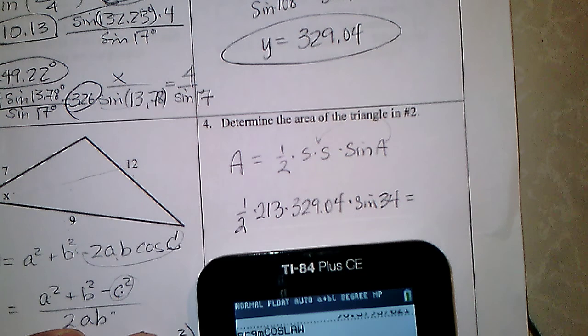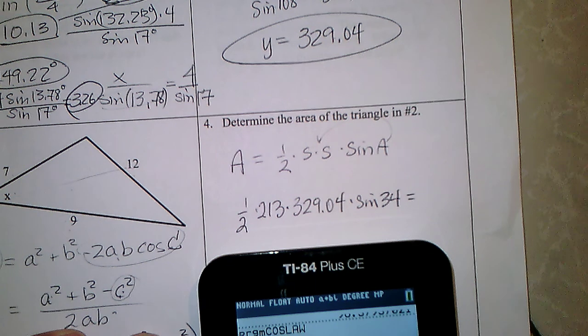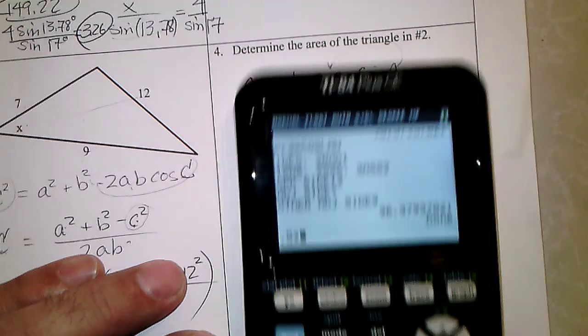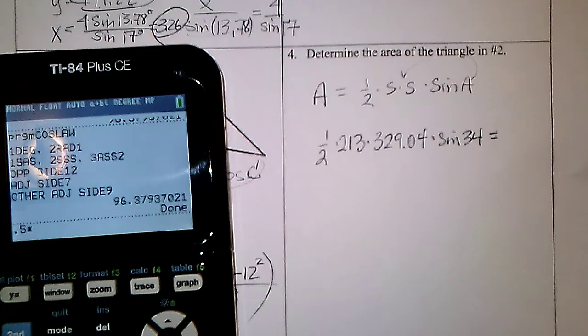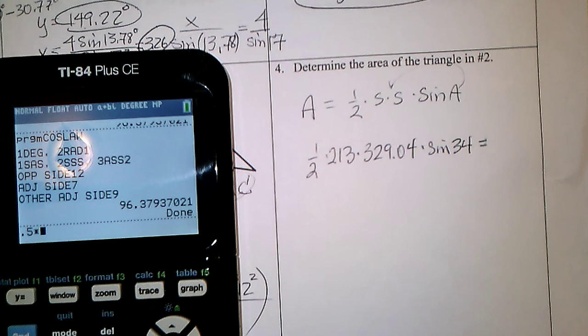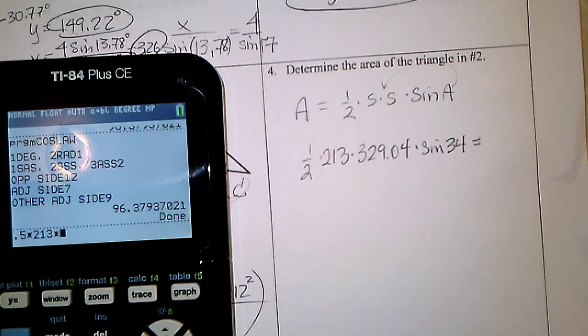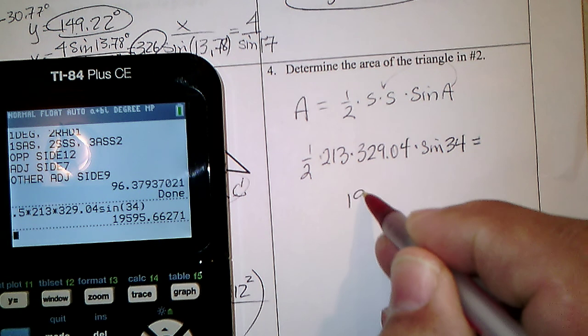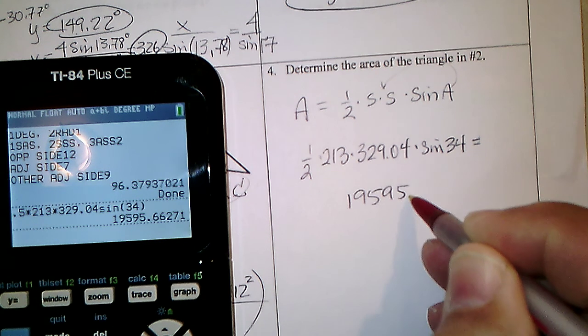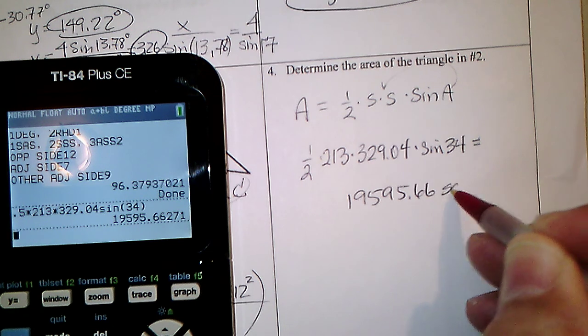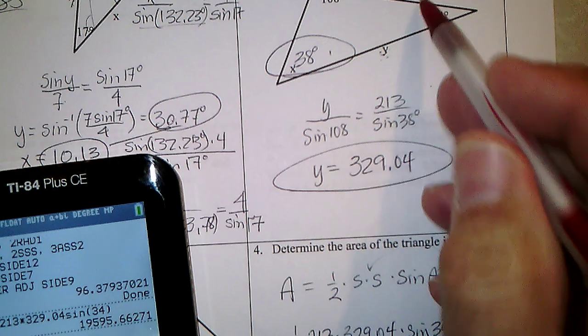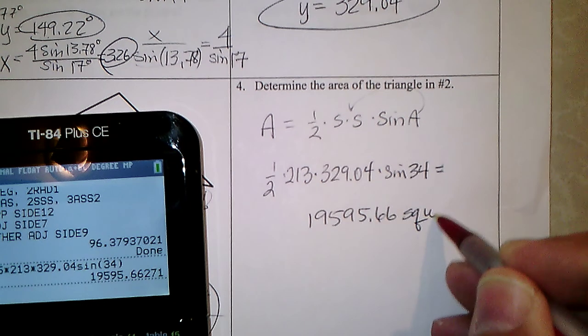And that comes out to be, let's put it over here, 1/2 times 213 times 329.04 sine of the angle between, which was 34. It's 19595.66, and we didn't say how long these sides were, what the units were, so we just call it square units.